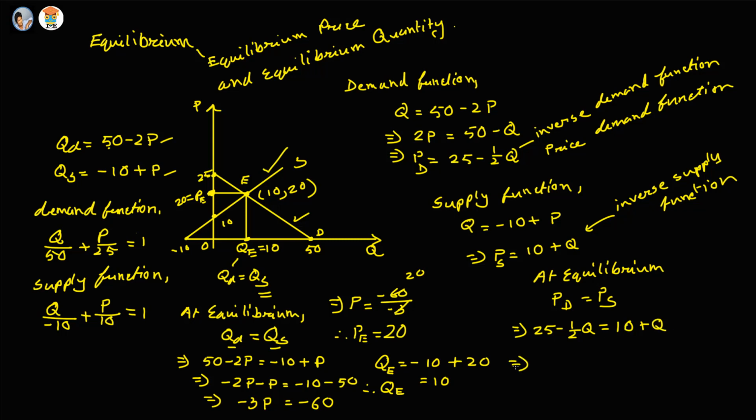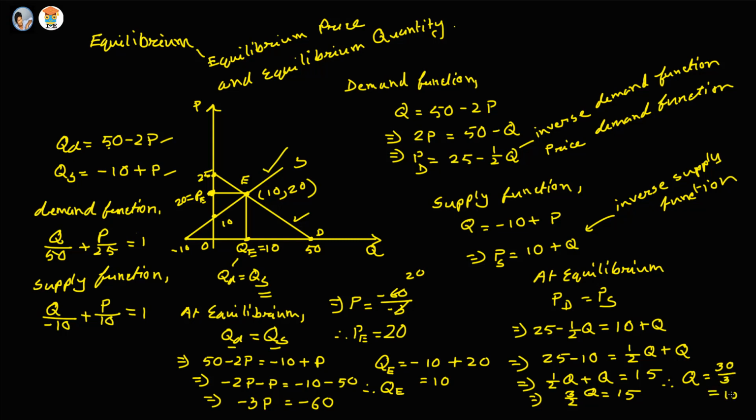So from here we can say 25 minus 10 is equal to half of Q plus Q. So here we can have half of Q plus Q is equal to 15, 3 by 2 Q is equal to 15. Therefore, we can say Q is equal to 30 divided by 3.